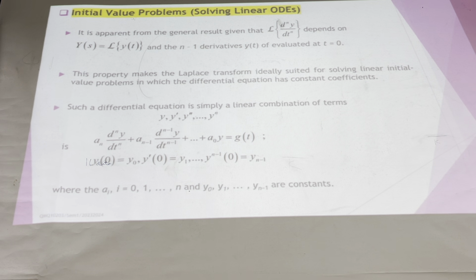This is y double prime. If we follow through to y to the power of n, this is the general form. For this course, you need to use only these 3 formulas. Biasanya kita akan solve the equation up to second order only.